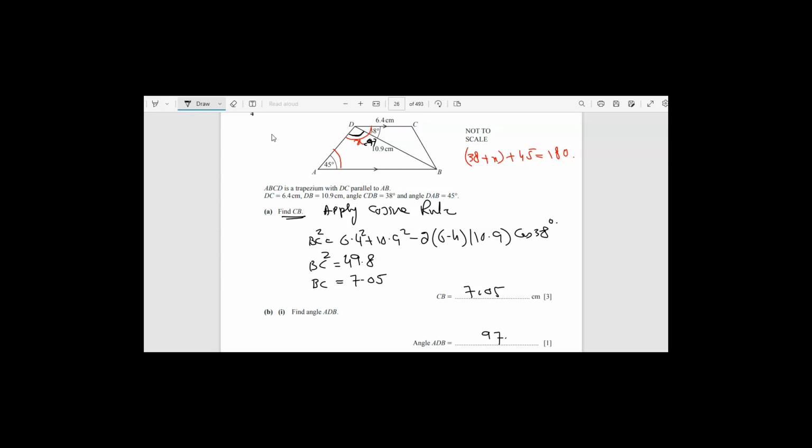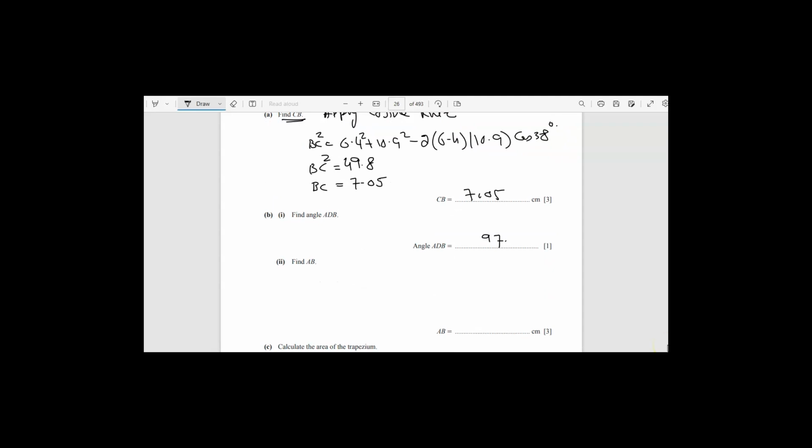Now what if they ask you to find this side AB? How can we find this side AB? If you can see, in front of this 45 degree angle the side is given, and this angle is also given, so we can find the side in front of 97 degrees. So we can apply the sine rule here.